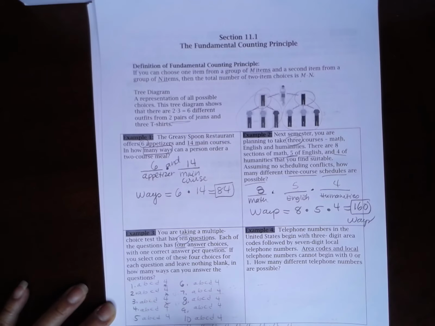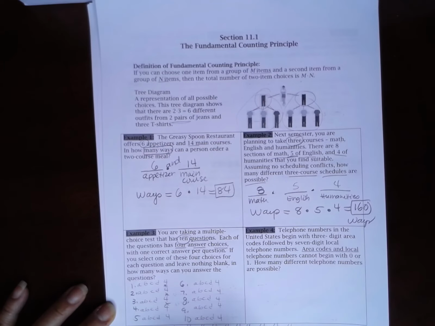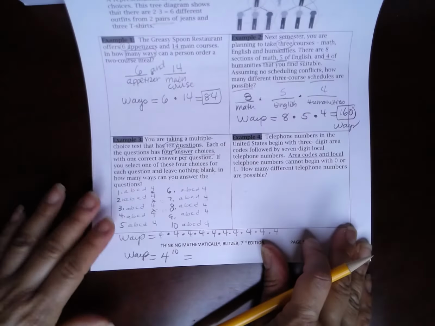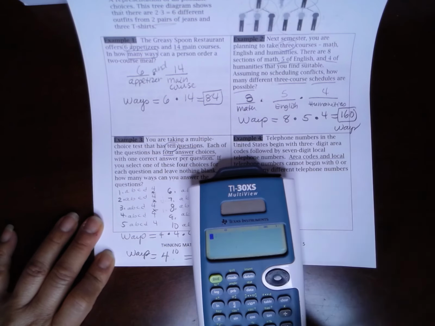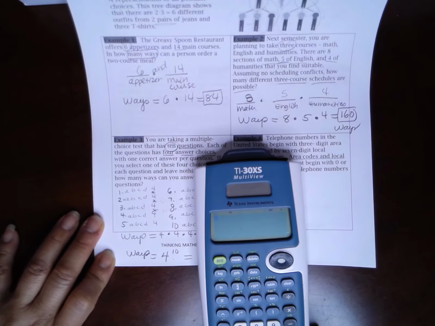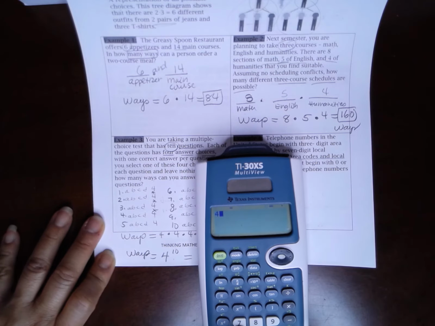If you wanted to save some time, that is the same thing as 4 raised to the 10th power. That will make it easier and easier to remember what to do.